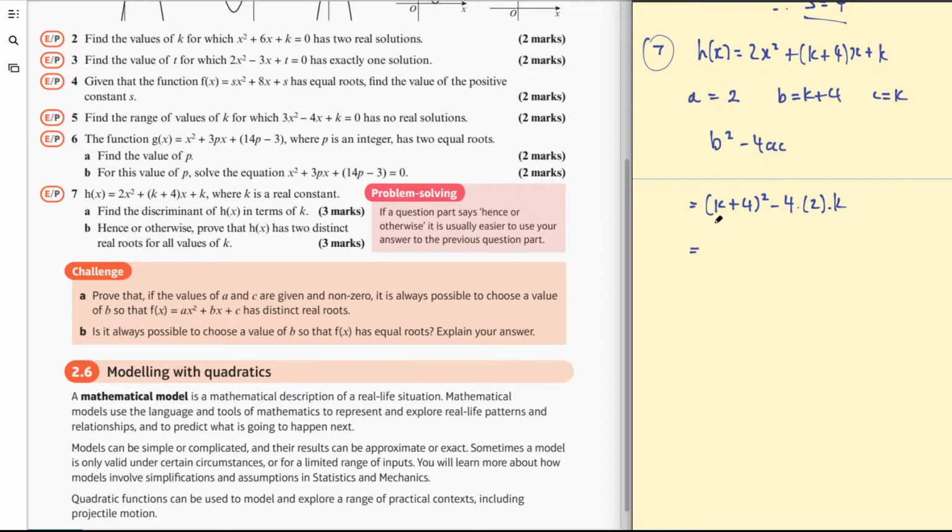Simplifying, we could expand these double brackets out. So k squared plus 8k plus 16, and negative 4 times 2 is negative 8k. And you notice that something's going to cancel here. This positive 8k and this negative 8k will cancel. So this will equal k squared plus 16.